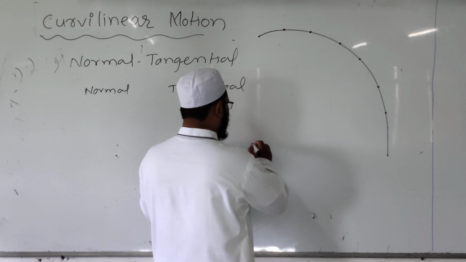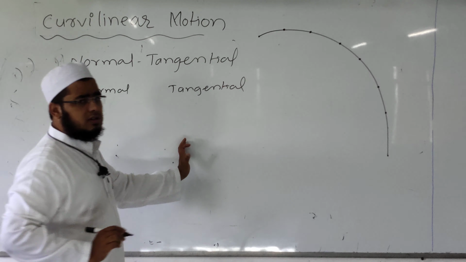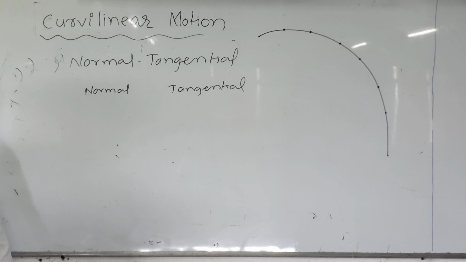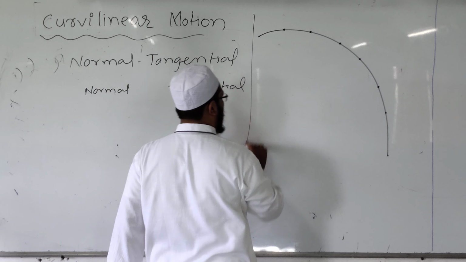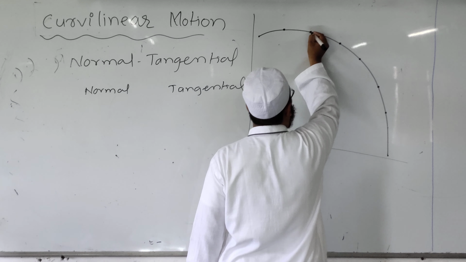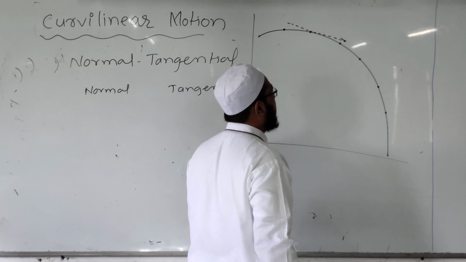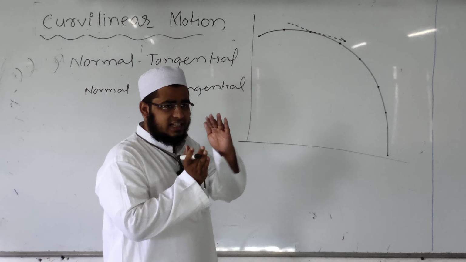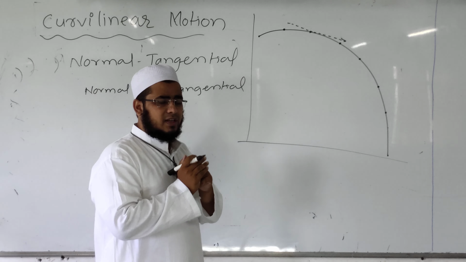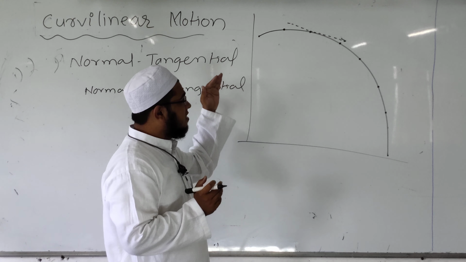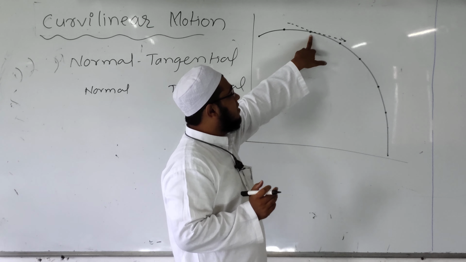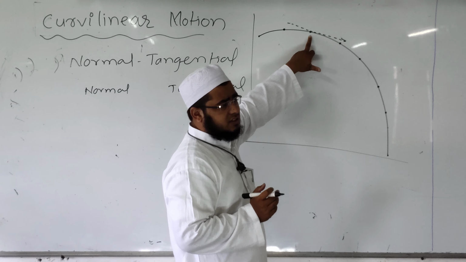But you can see that if for a particular instant the path is known, the object is always moving in the tangential direction, because the direction in which the displacement is taking place is tangential for that instant.